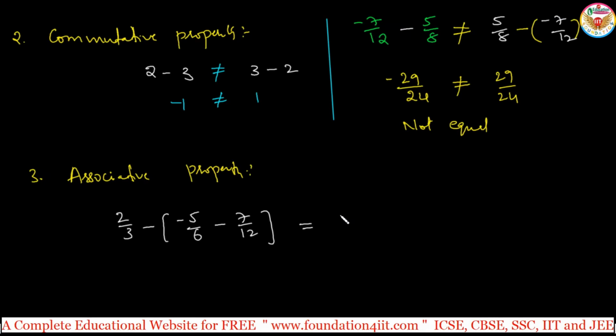Like a by b, c by d, e by f, we group the first two, 2 by 3 minus 5 by 6, and similarly the next two, 5 by 6 minus 7 by 12, and subtract both ways.